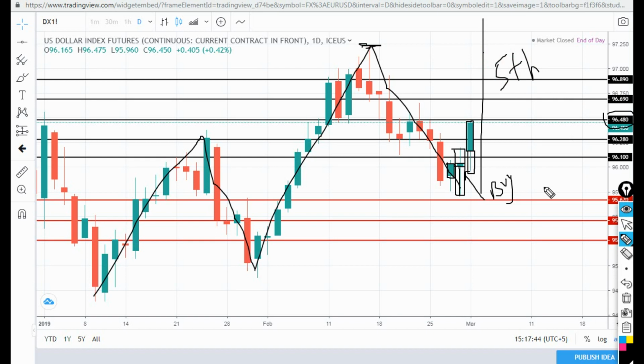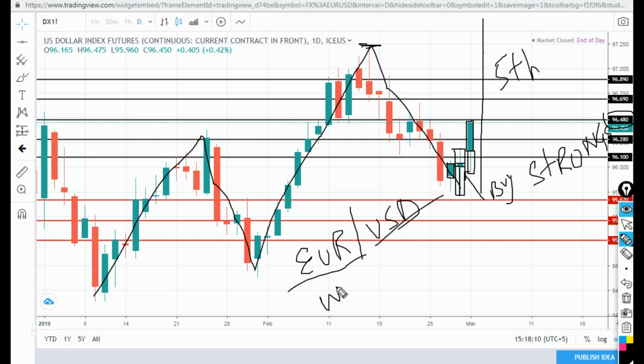According to Elliott wave, the market is going up and the dollar will be stronger, and if the dollar is stronger, the other pairs or other currencies will be damaged. How? If you take Euro USD according to DXY, if the dollar comes stronger, the euro becomes weaker, and it's true in the upcoming weeks.